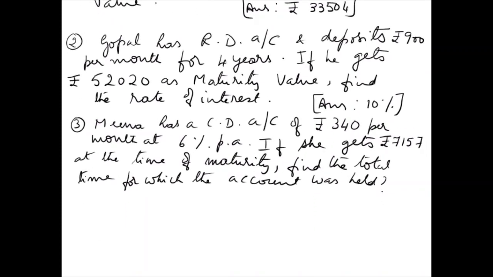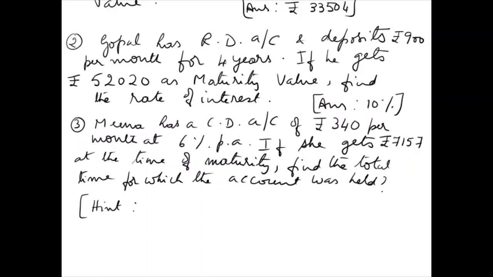Here you will get a quadratic equation which you will have to solve, right? So just for your help, I am giving you a hint. If you arrive at the quadratic equation correctly, then you can solve it easily. What data is given? P is 340, R is 6%, and maturity value is 7157. You have to find n.